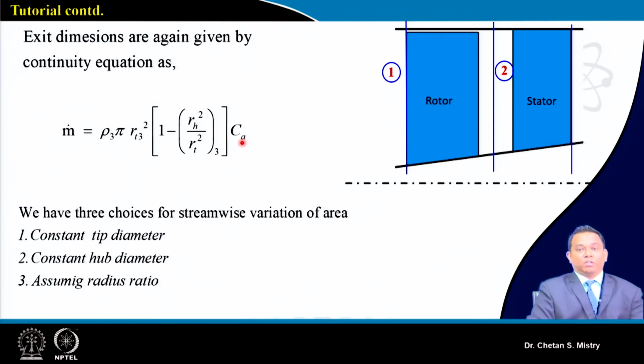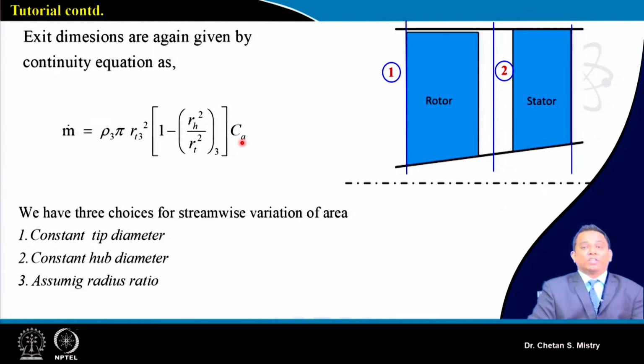Now let me put this as a special case. If you recall, when we were discussing the design of the axial flow compressor at the initial stage, we discussed flow track design and the different configurations possible: constant tip diameter, constant hub diameter, and constant mean diameter.